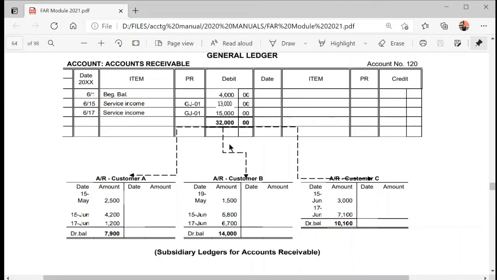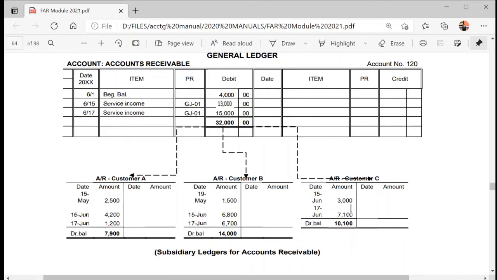And the total 32,000, the composition of this is 7,900 from A, then from B, 14,000, and from C, we have 10,100.